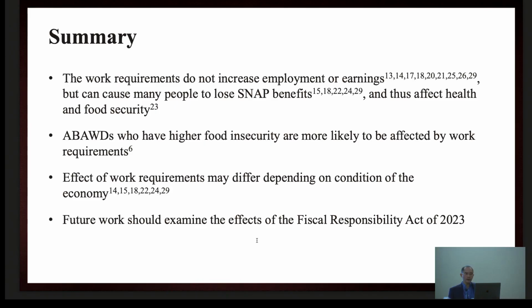ABAWDs who have higher food insecurity tend to be more likely affected by these work requirements, and the effect of work requirements tend to differ depending as well on the condition of the economy. And I want to emphasize the last part, that I think there's a lot of room for us economists, ag economists, to examine the effect of these new legislation related to the Fiscal Responsibility Act. Okay. So it's an exogenous policy change, if you will.